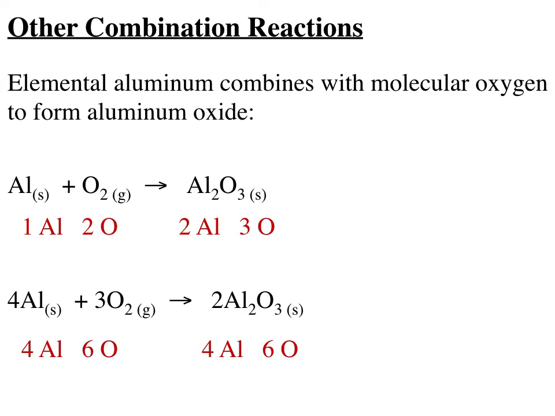Here's an example of a slightly more complex combination reaction: elemental aluminum and molecular oxygen combining to form Al2O3, and I count everybody up, and I notice I need 2 aluminums on the left and right.